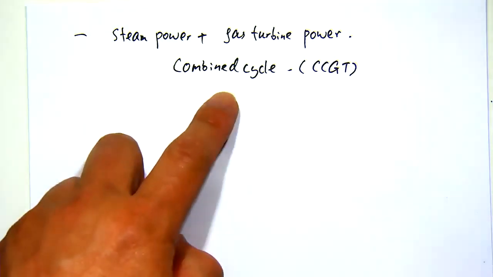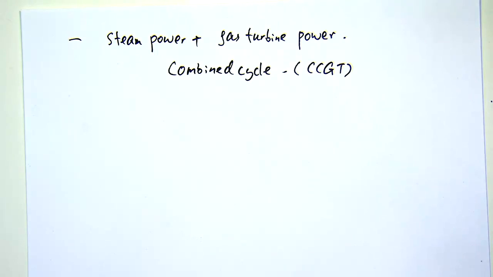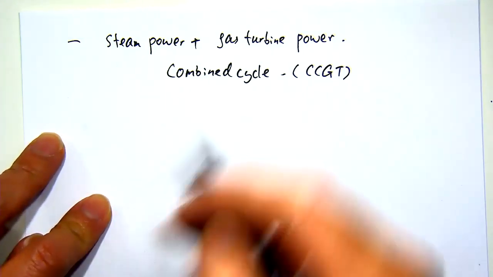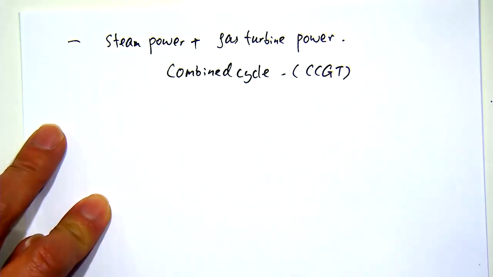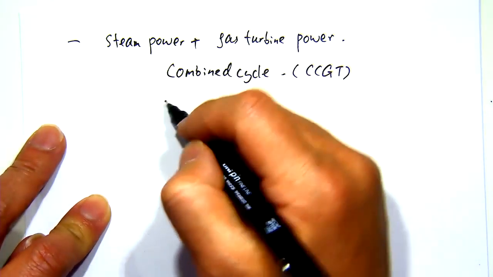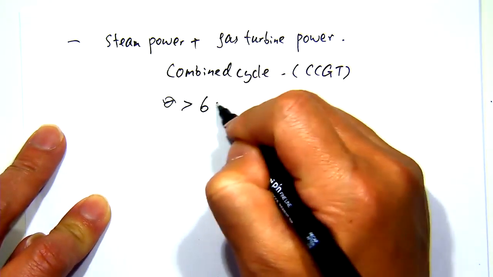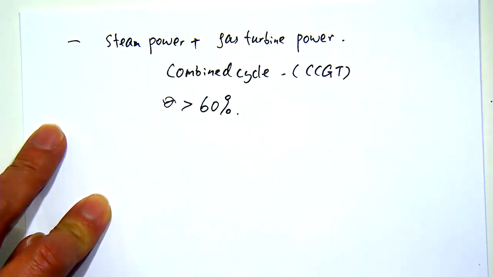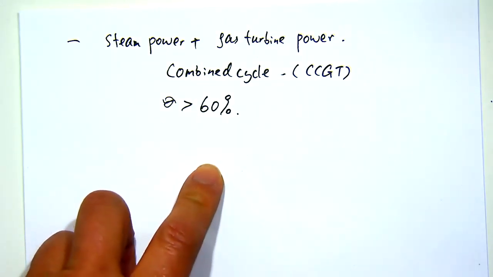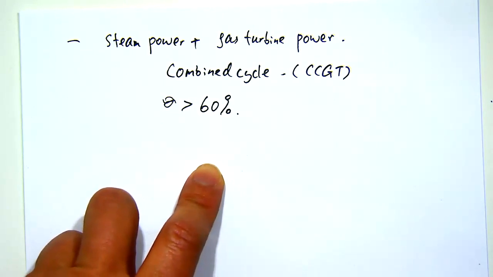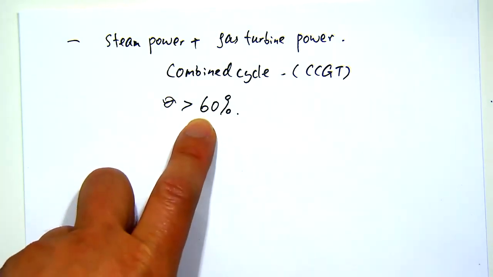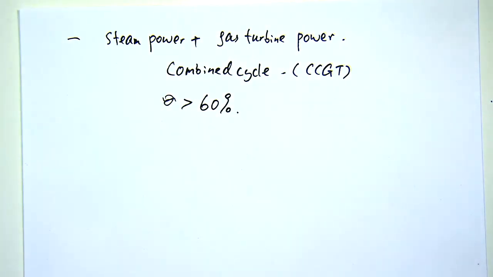And this process is very efficient, and the highest efficiency reached is already over 60%. This is a typical heat engine efficiency because we output work.